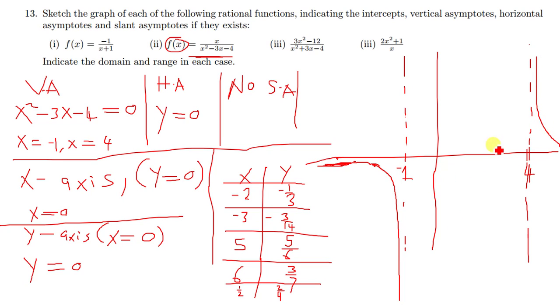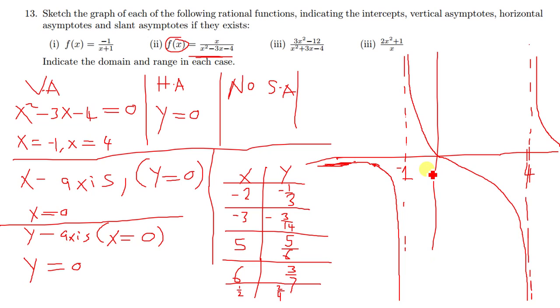And then in between here, when you plot the last point, you discover that you have something that will look like this, and it's cutting the x-axis at x is equal to 0. So meaning you have something that will look like this. Okay, so basically this is how your graph is going to come out.